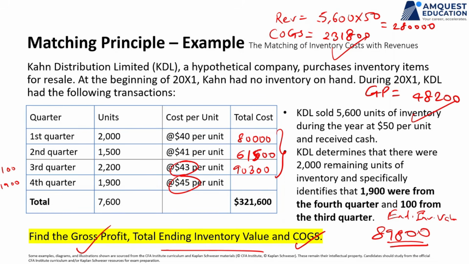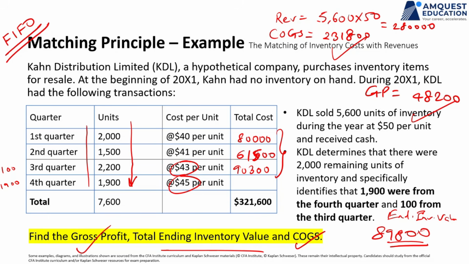Ending inventory. And remember, in this case, the assumption that the question took was first in, first out inventory. This is a very big assumption. The assumption is you are going to sell the inventory which came first, right? So you started selling from here, top.